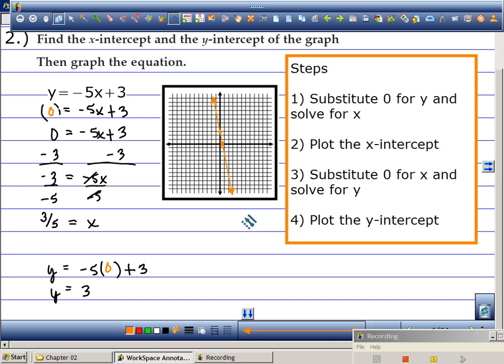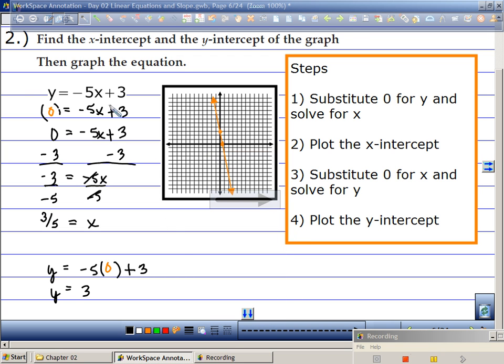Question. I took this original equation right here, and rewrote it right there. You see it?